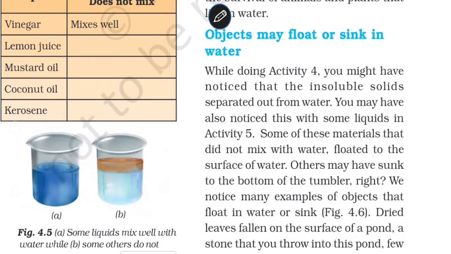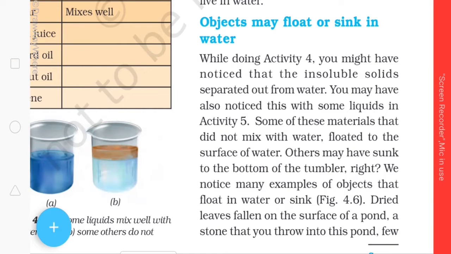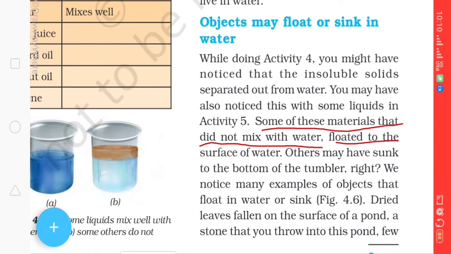Now let's see which substances float and which substances do not float. Some of these materials that did not mix with water float onto the surface of water. These substances which do not get mixed will float on the surface of water.